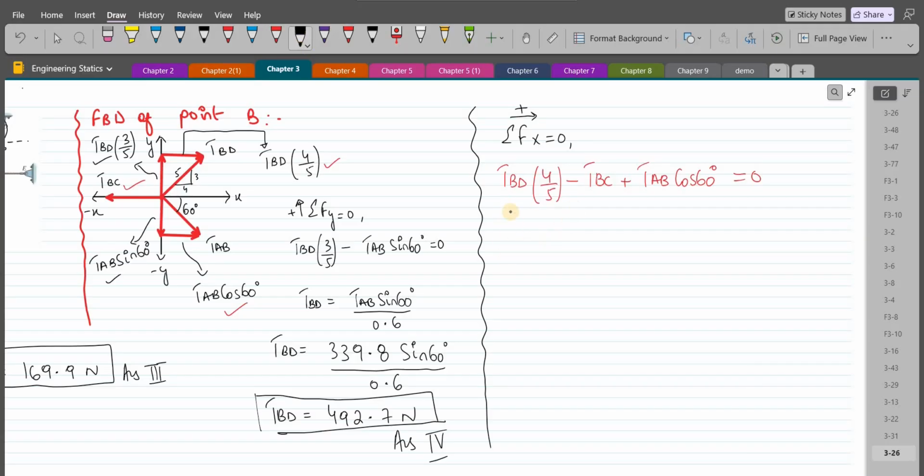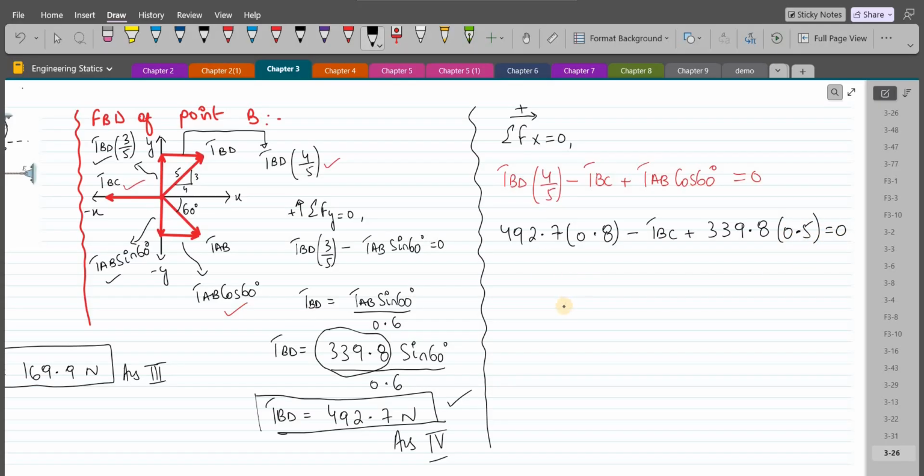So if we substitute the known values, for example, TBD is 492.7 newtons into 4 upon 5, which is 0.8, minus TBC plus TAB, and TAB is 339.8 newtons into cos 60, which is 0.5, equals to 0.